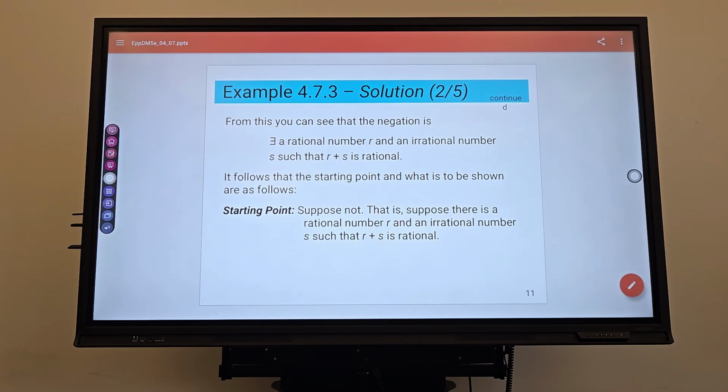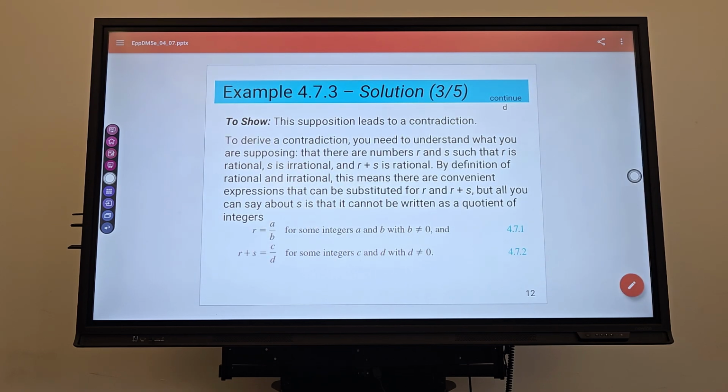Suppose not. Suppose there is a rational number R and an irrational number S, such that R plus S is rational. Show that this supposition leads to a contradiction. To derive a contradiction, you need to understand what you are supposing.